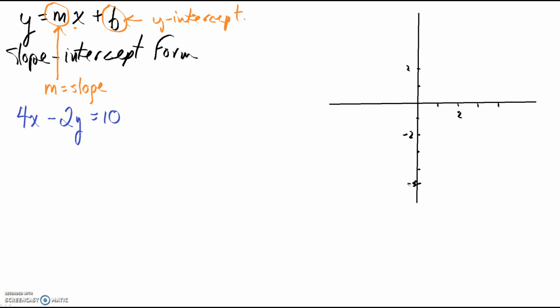So the goal here is to leave the y term on the left side of the equation and move the x term to the right side, because the x term is on the right side in this form. So I will leave negative 2y here. 4x is moving to the other side of the equation, so it becomes minus 4x instead of plus 4x. And this stays as plus 10.